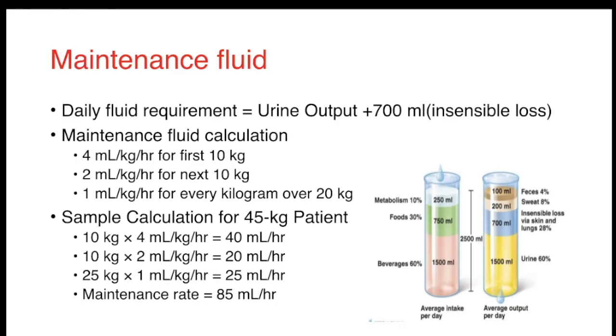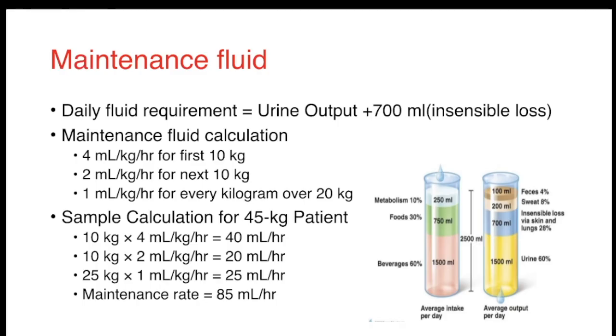So, the maintenance fluid calculation usually follows the Holliday-Segar formula, which as shown in the slides consists of using 4 ml per kg per hour for the first 10 kgs of the patient, 2 ml per kg per hour for the next 10 kgs, and then 1 ml per kg per hour for every subsequent kilogram.